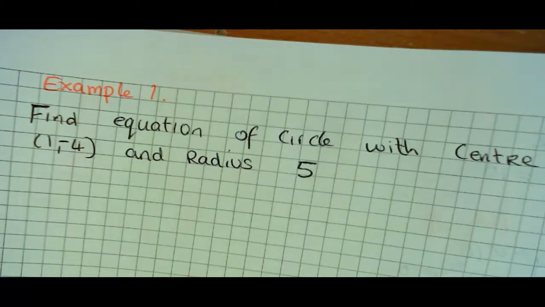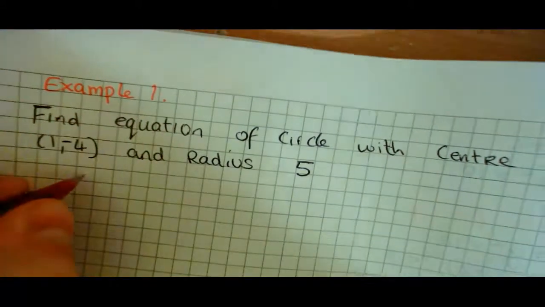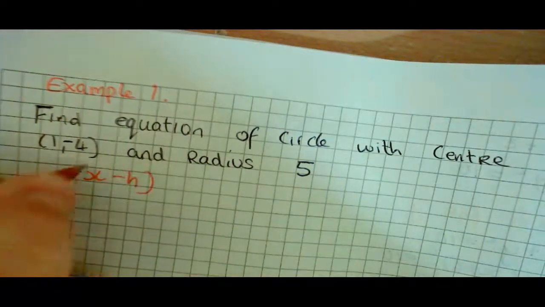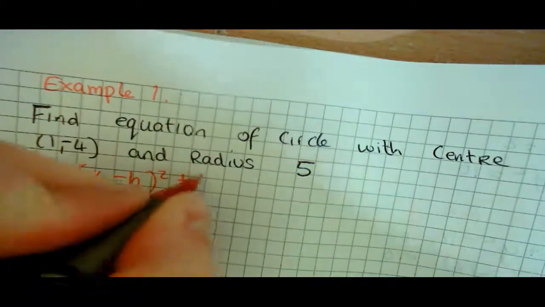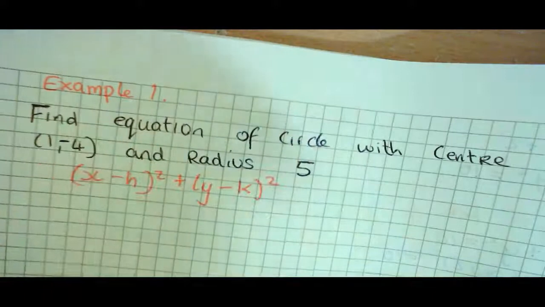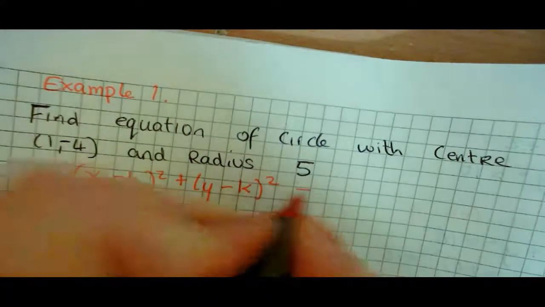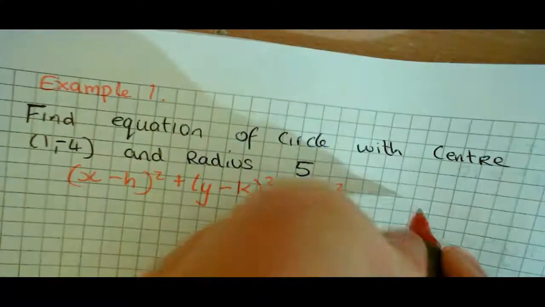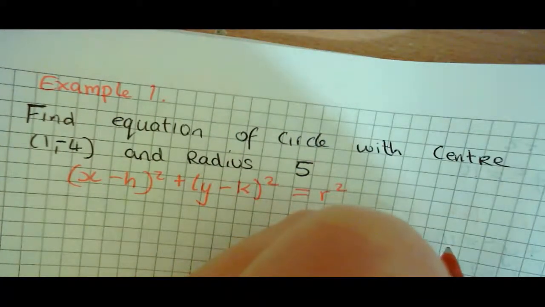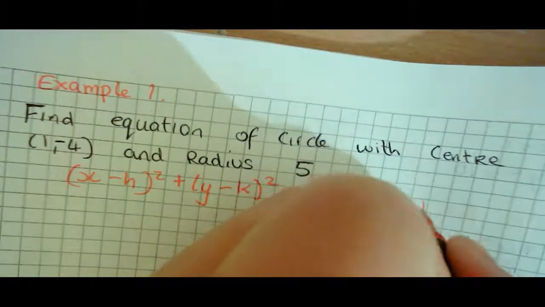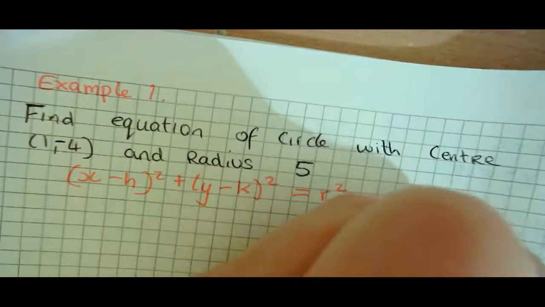And the equation of a circle is written x minus h to be squared plus y minus k to be squared is equal to r squared, where h and k is the centre.